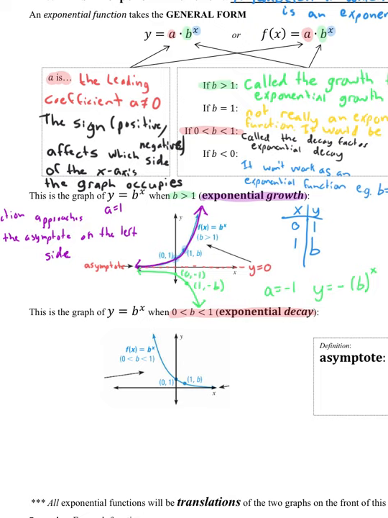Or you could have exponential decay, which is going to have an asymptote y equals 0. And this time, notice that the function approaches the asymptote on the right.